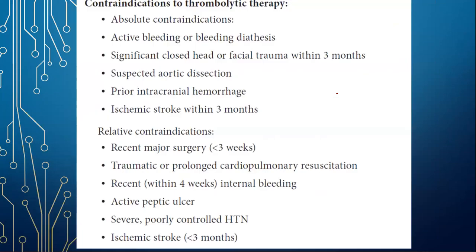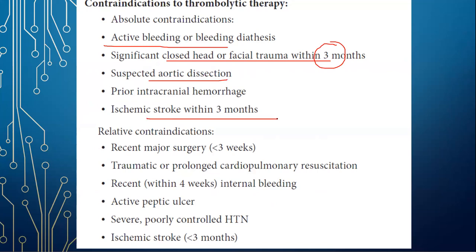Now, before you consider thrombolytic therapy for anyone, you should look for any contraindications. The most important ones are active bleeding or a bleeding disorder, a head injury or any trauma to the head within 3 months, suspected aortic dissection, ischemic stroke within 3 months, or a prior history of intracranial hemorrhage.